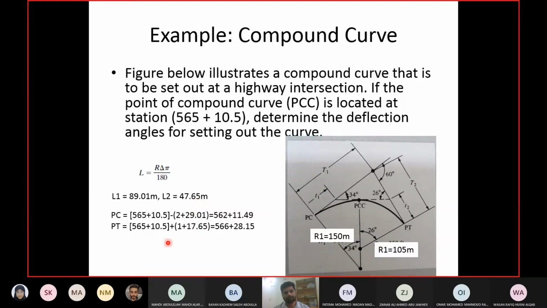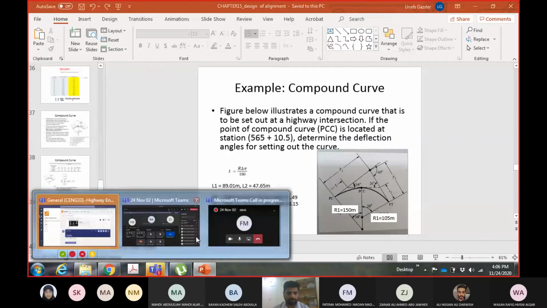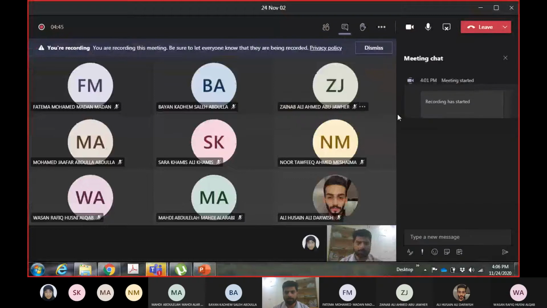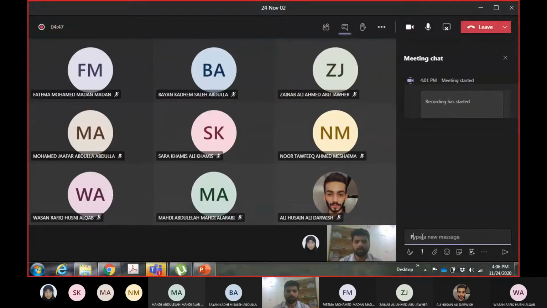Now for PC, I will subtract L1 from PCC, and for PT I will add L2 to PCC. So let us do that. Again, to show you the calculations: if you want PC, then I'm putting a bigger bracket here, then you write out the distance for the PCC.